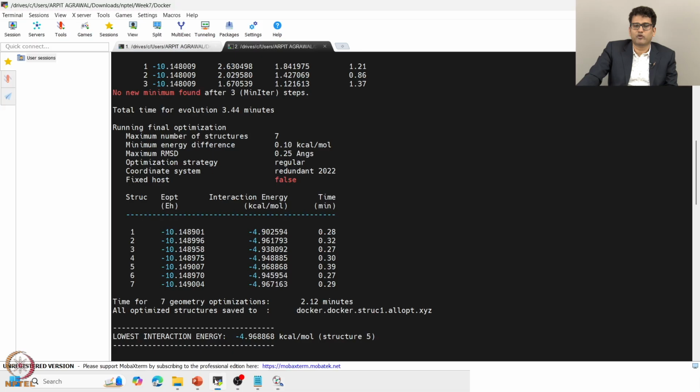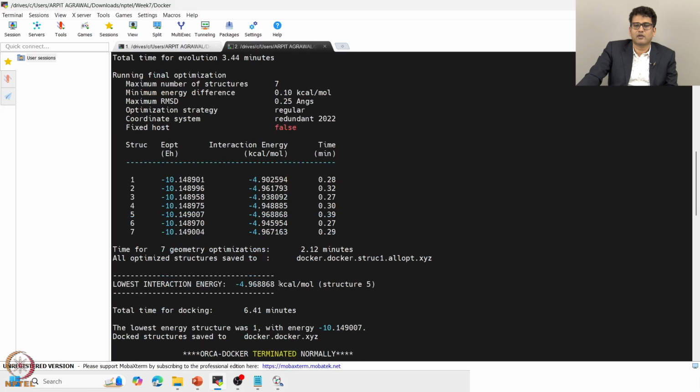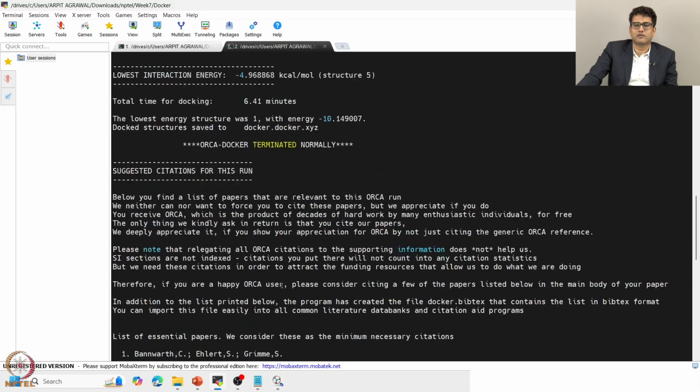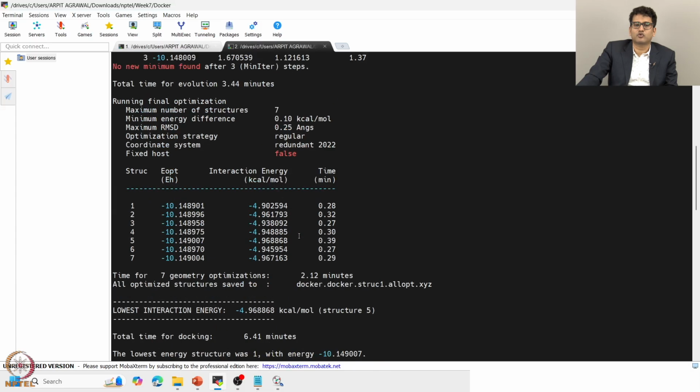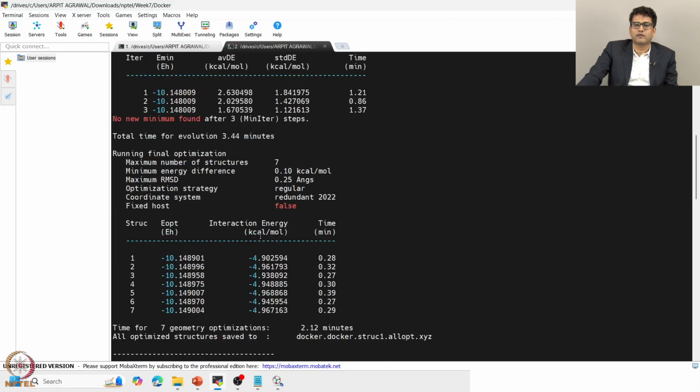If I see the output again, you can see that these interaction energies are pretty similar, and you can actually get many of these kinds of binding structures.